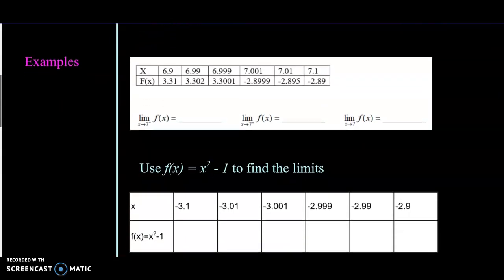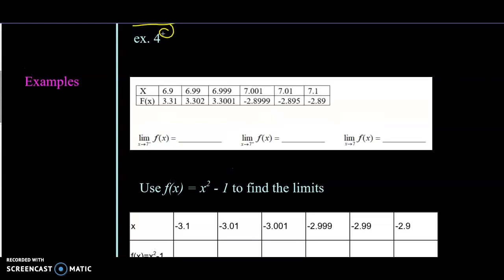We have this first one, which is a table that's already filled in with values. If you look at your x, x is approaching 7 from the negative side. So just kind of put in your mind, where would 7 be?